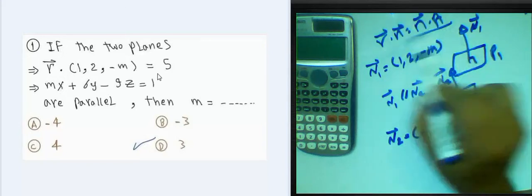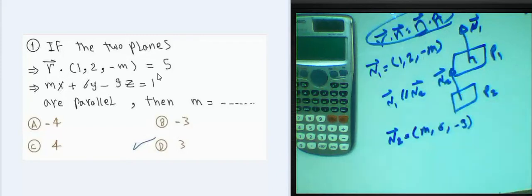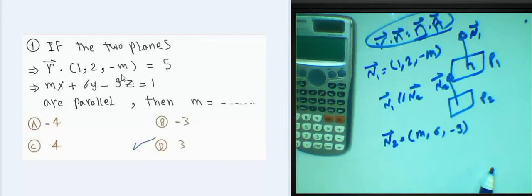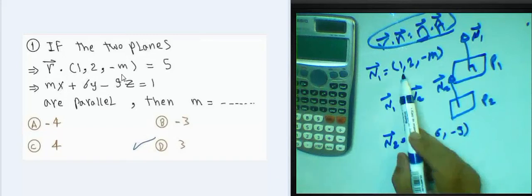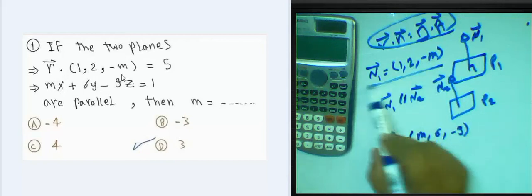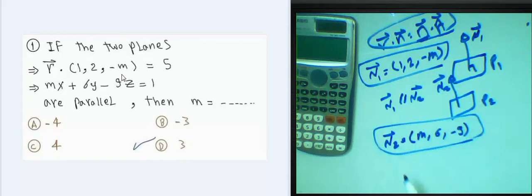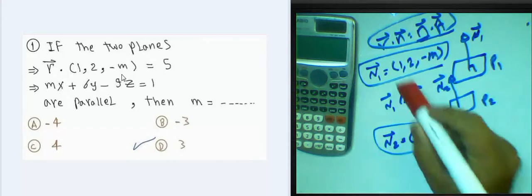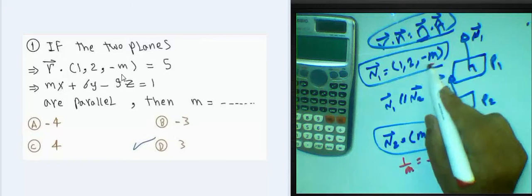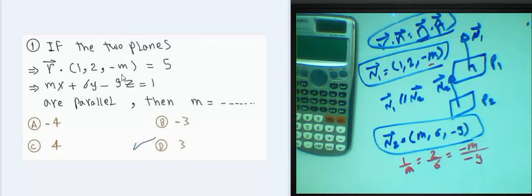Then the vector n in the first equation, for the first plane, will be 1, 2 and negative m. Then we can write m over 1 equals 6 over 2 equals negative 9 over negative m, because we have two parallel vectors, n1 parallel to n2. Then the ratio between 1 and m will be equal to 2 over 6 equals negative m over negative 9.